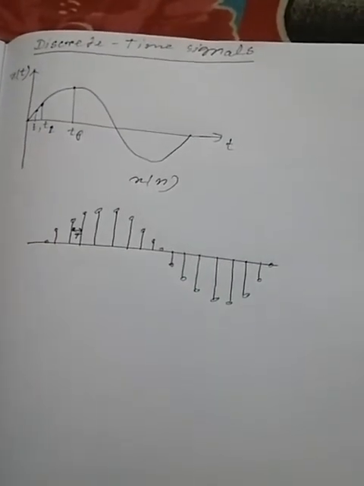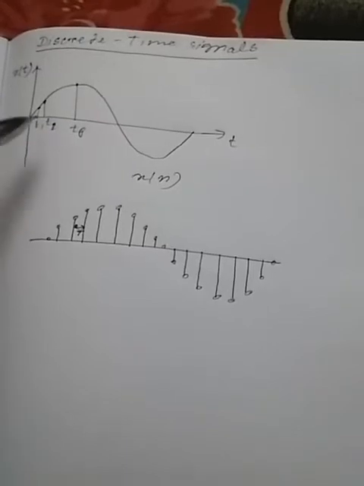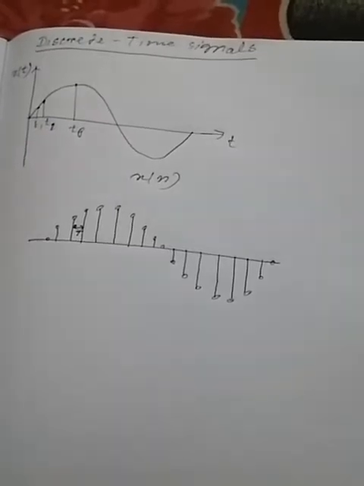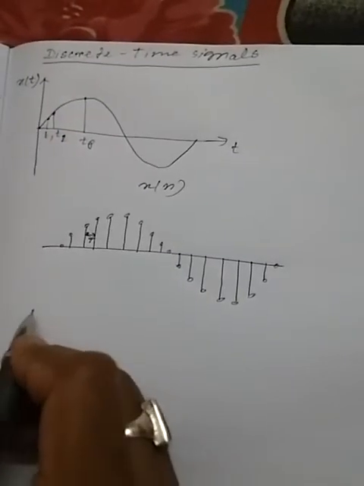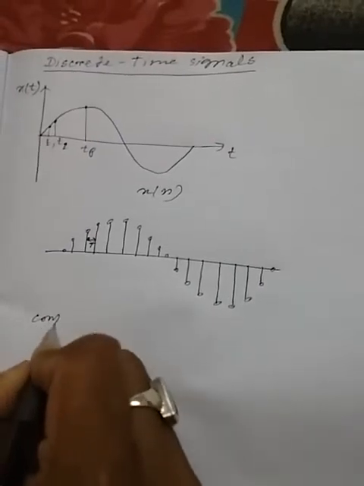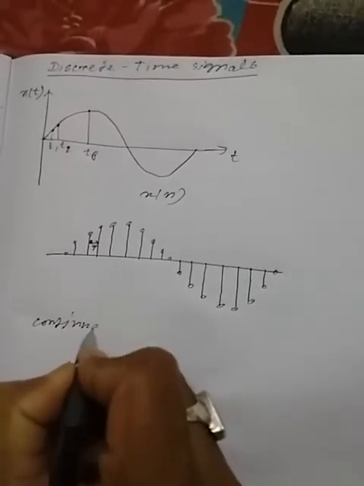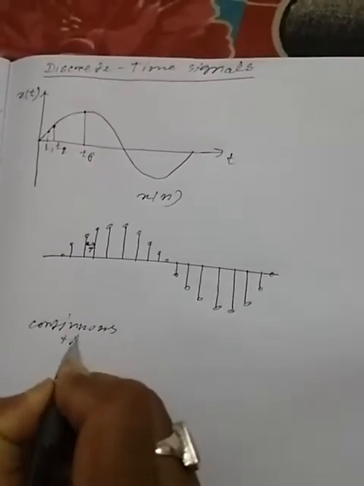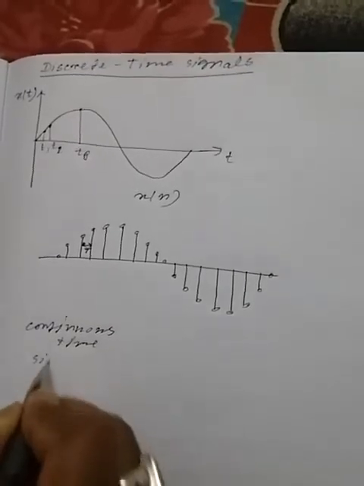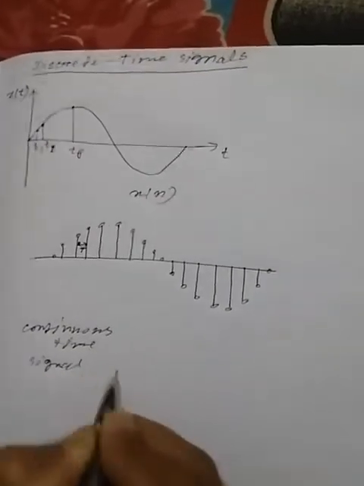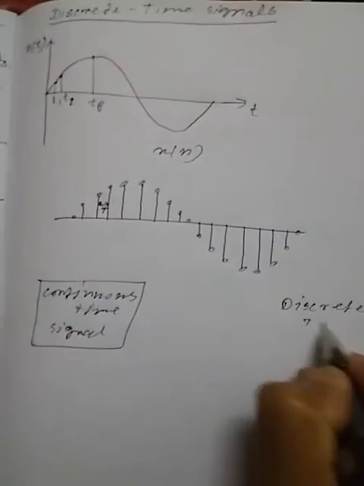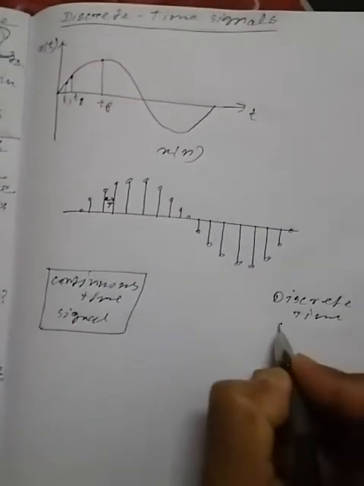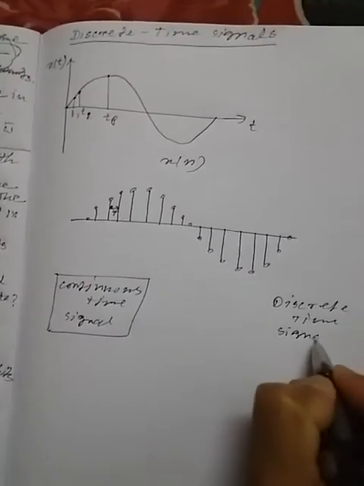The process by which we can convert a continuous time signal into discrete time signal is called sampling. So suppose this is continuous time signal, and this is discrete time signal.